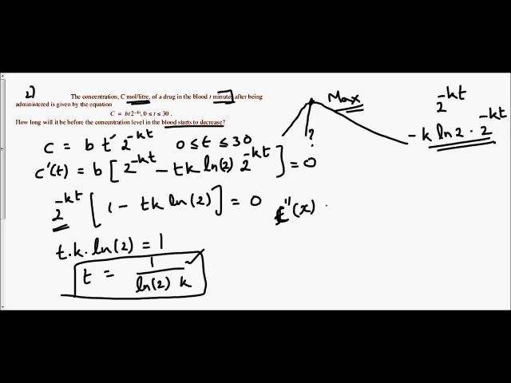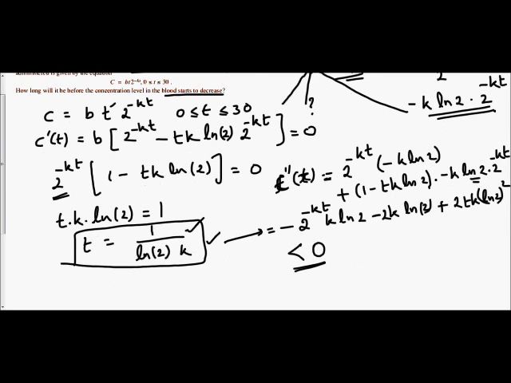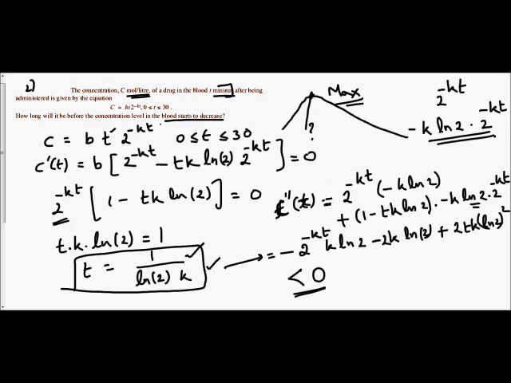If you find the second derivative and simplify, you can check if it is negative, or you can use your GDC and plug this particular function into it and find out whether you actually get the maximum value for this.